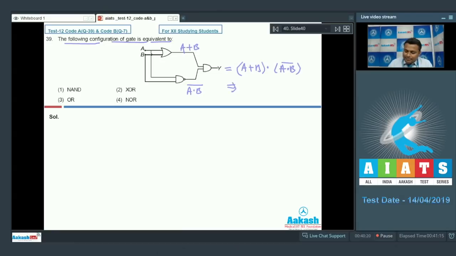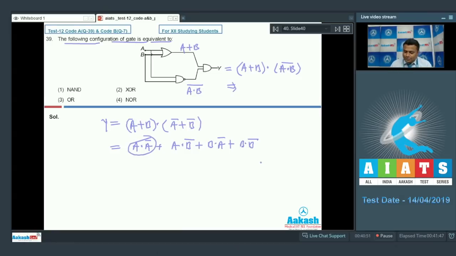Now let us apply the De Morgan theorem. We have Y as A plus B dot A dot B whole bar, which can be written as A bar plus B bar. Multiplying it, A dot A bar plus A dot B bar plus B dot A bar plus B dot B bar.